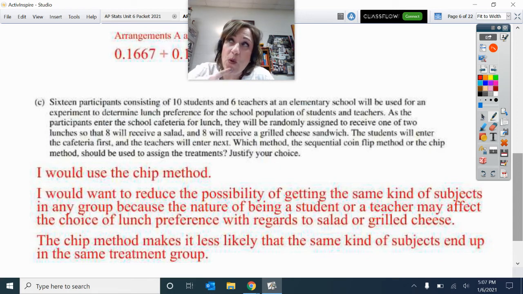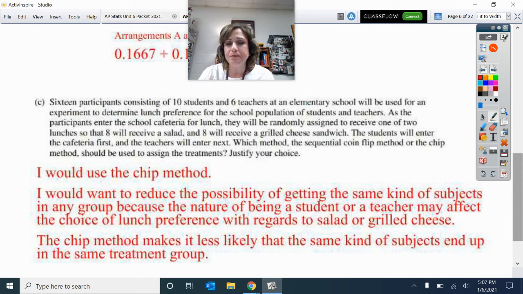So at this point, I'm already thinking to myself, salad versus grilled cheese and student versus teacher. There's an issue there. I can already see some potential bias occurring, some confounding variables, because if more students get the grilled cheese, they're going to like that.